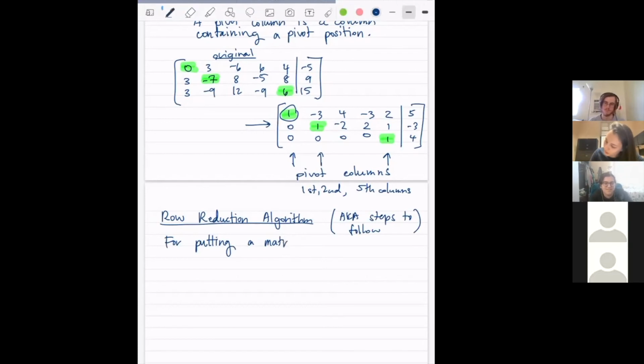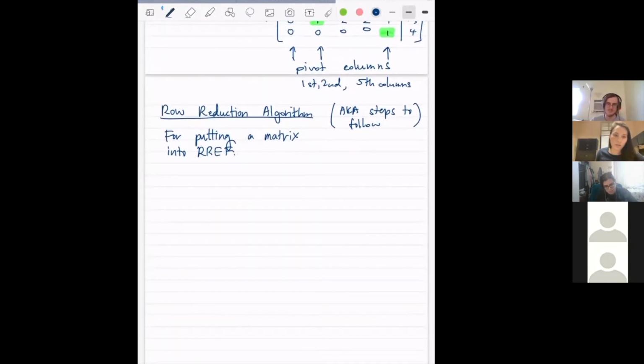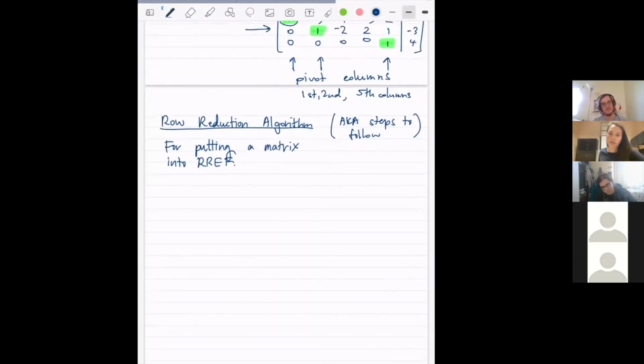Okay. So this is for putting a matrix into reduced row echelon form. That's what you can use it for. It will also get you to row echelon form. And if you stop before the last step, then you stay in row echelon form. The last step is to get you all the way to reduced row echelon form.